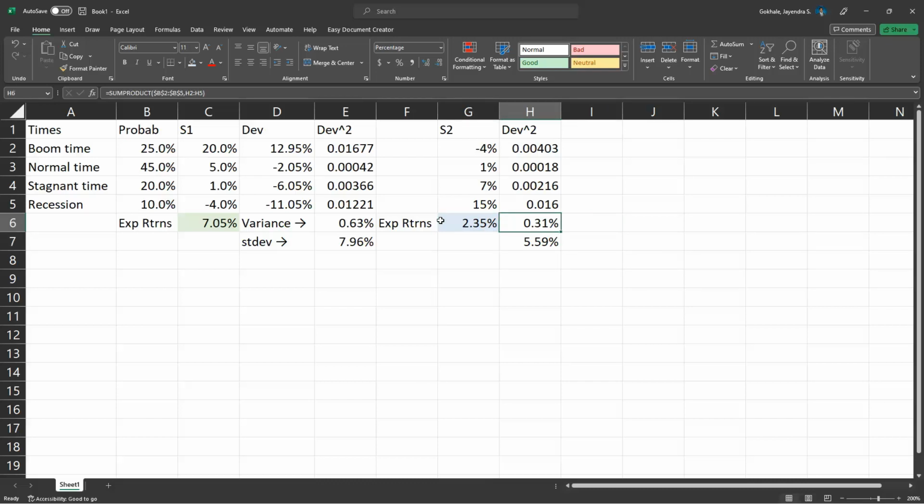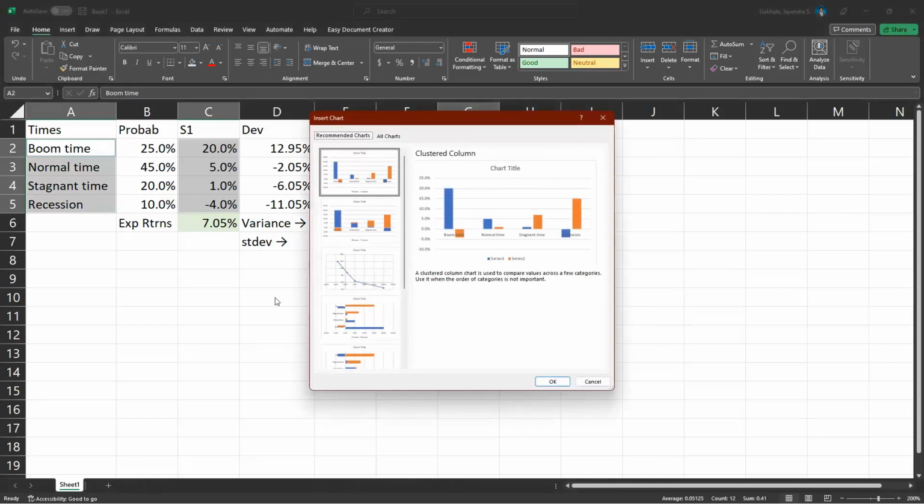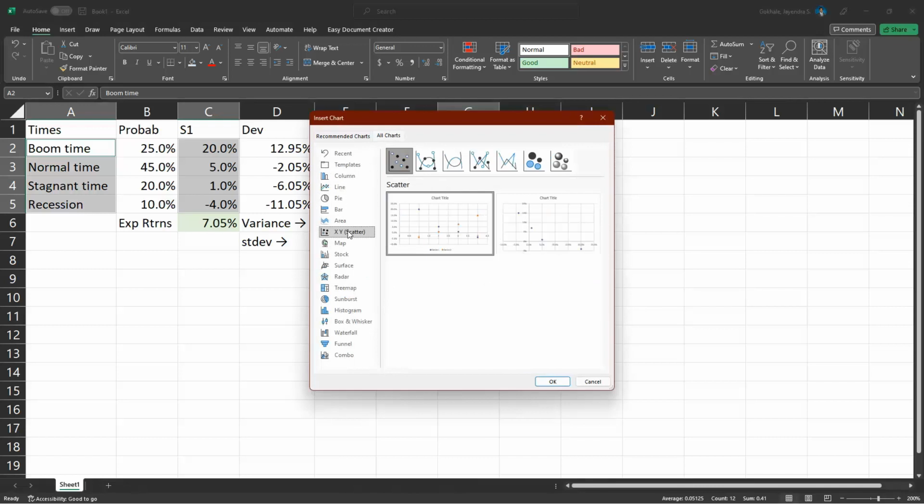But the best part is if we plot this, stock 1 and stock 2 performance over different times, it's not going to give us a very good chart. Let's try the XY scatter, with lines. Yes, this is very interesting, right?